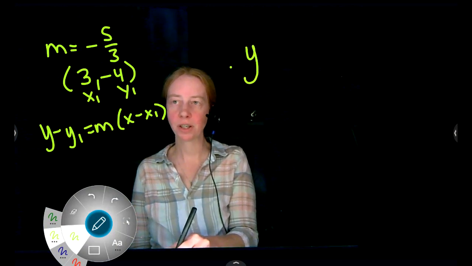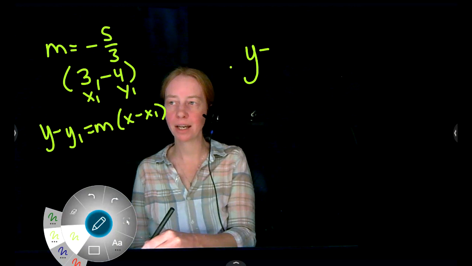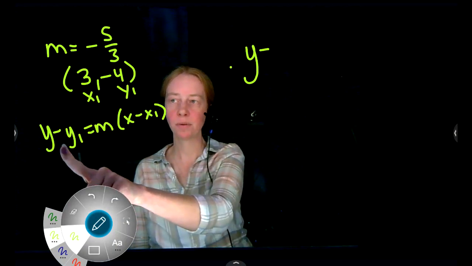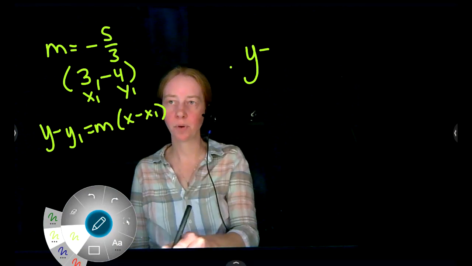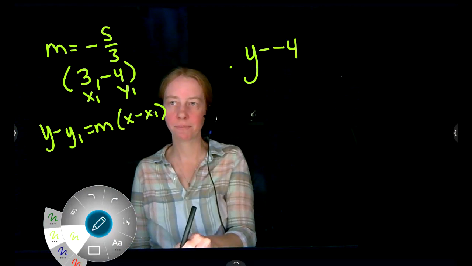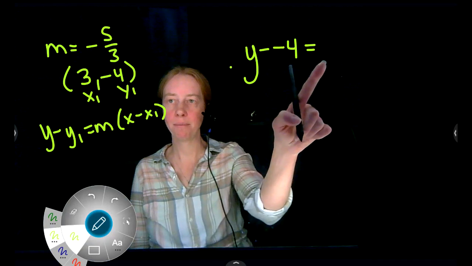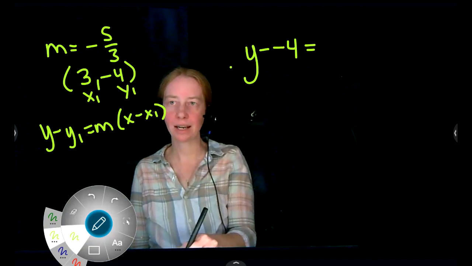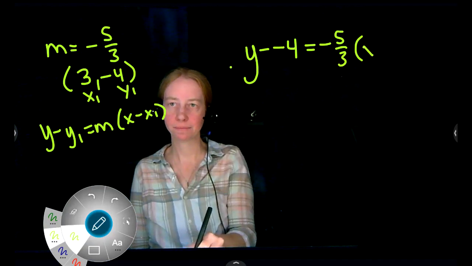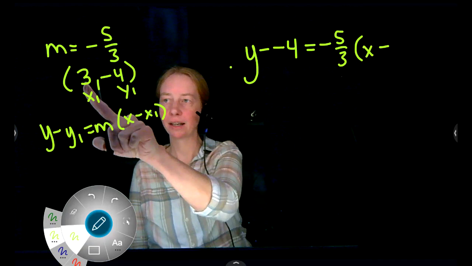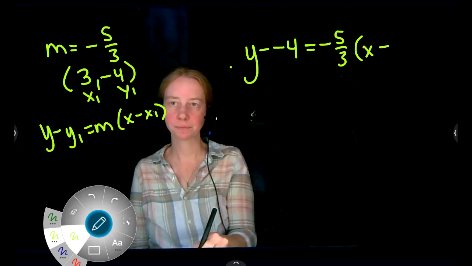Now I'm going to come over here and write it out. y minus, that comes directly from the formula, y1. y1 is -4, so I'm going to write -4, equals m. My m is -5/3, times x minus, and then my x1 is 3.